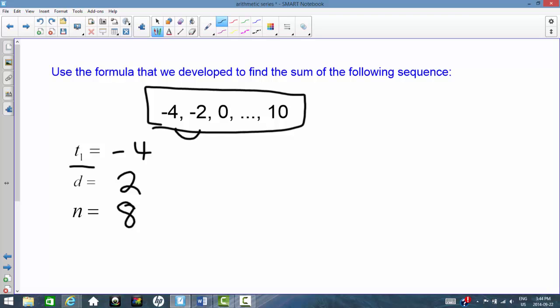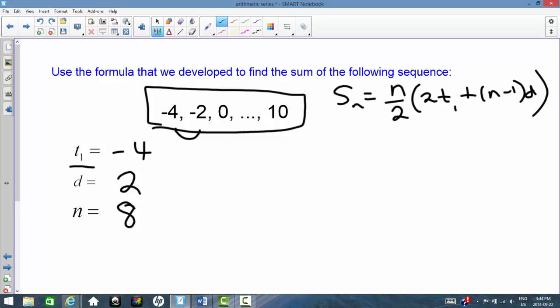So we go back, and our formula is the sum of n terms is n divided by 2 times 2 times the first term plus n minus 1 times the common difference.